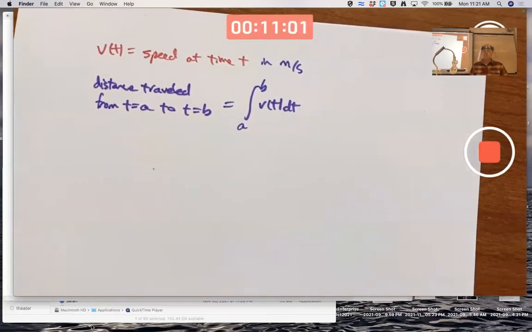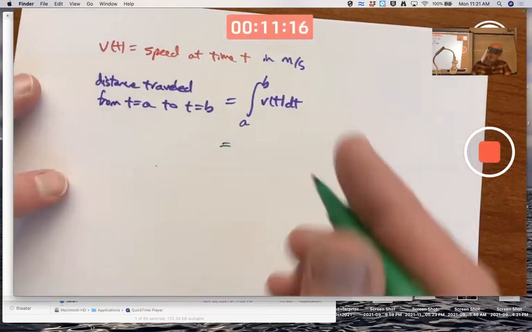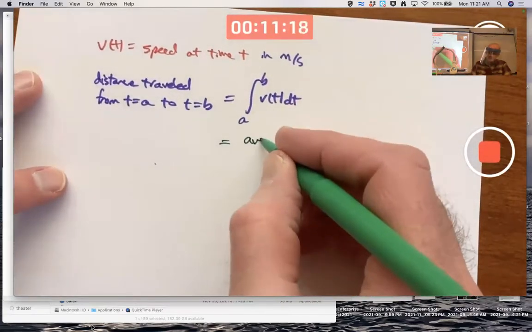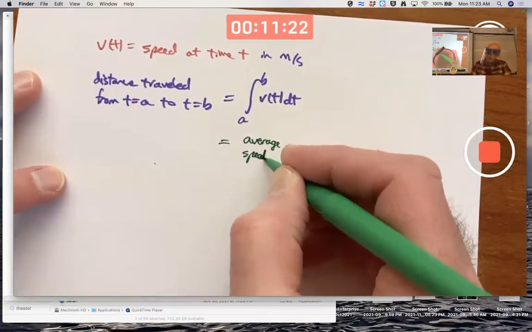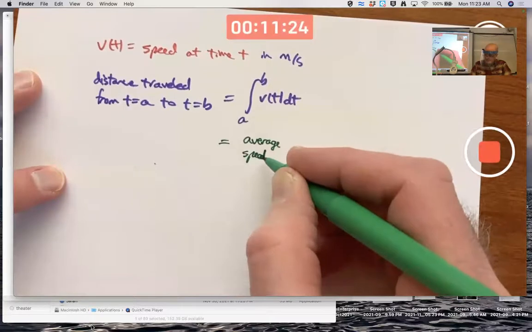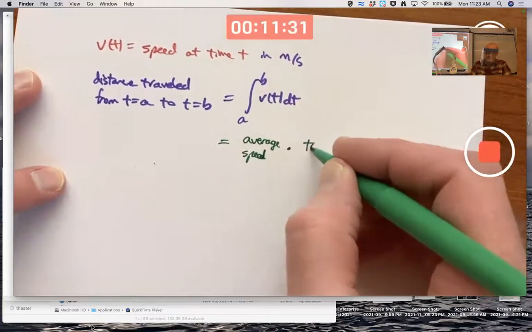But there's another way to think about this. You could say, well, couldn't I also figure out the distance traveled by taking my average speed, my average rate, and multiplying times the time elapsed? Take the average speed. Average speed is what that's supposed to say there. That's a d at the end there. Times the time elapsed.